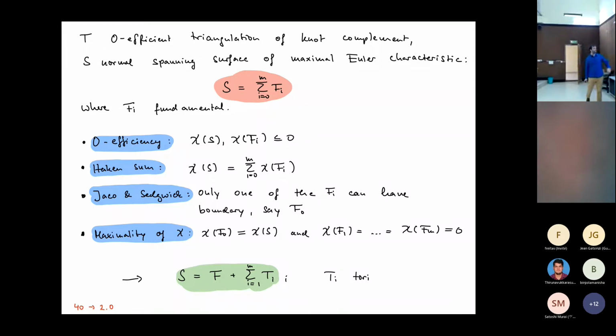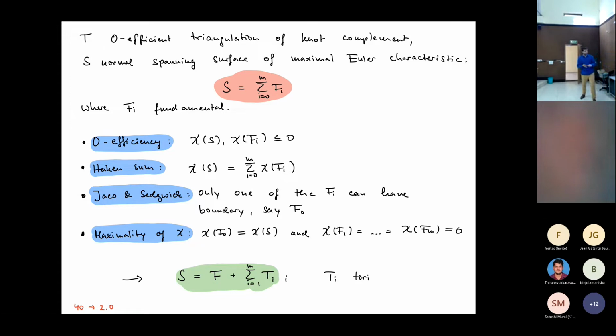we have a zero efficient triangulation of our knot complement. So we start with a triangulation, and we make it zero efficient. There's a very nice algorithm, which Ben Burton refined, that crushes these positive Euler characteristic normal surfaces and changes the triangulation until they don't exist anymore. And let's say we have a normal surface that spans the knot and that has maximal Euler characteristic.